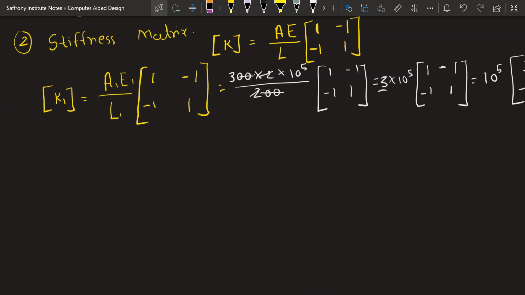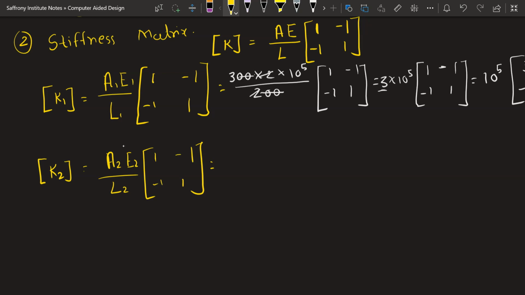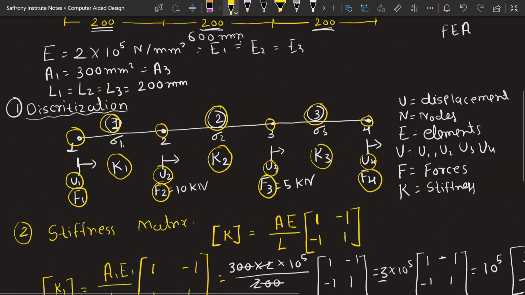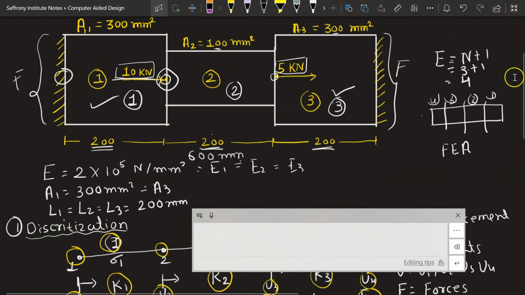Similarly we will do it for k2 also. For k2 it will be A2 E2 divided by L2, 1 minus 1, minus 1 1. I am not going into detail about which values I have put here. You can just see the numerical and put the values again.